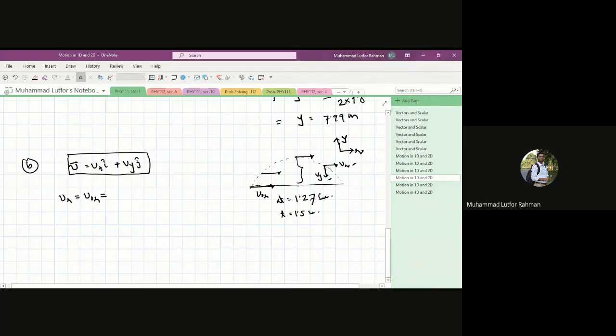Then I can write v naught cos theta, and this v naught is 25 and theta is 30. So cos 30, if you do that, then you will find out v naught x would be 21.65 meter per second.